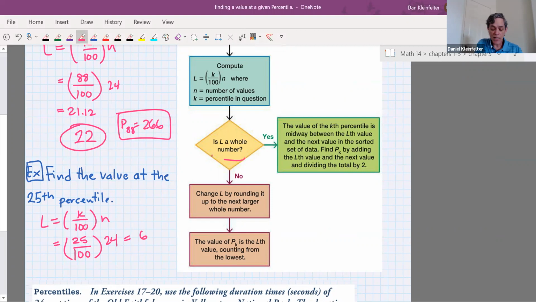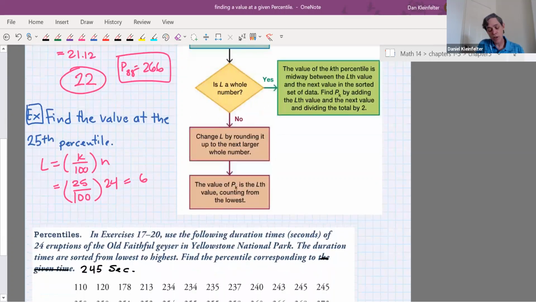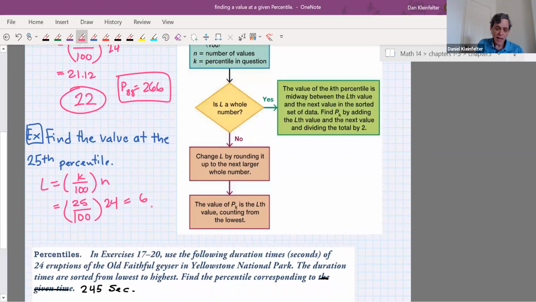Okay, back to our decision box. Is L a whole number? This time it is. So we're going to go across. Yes. The value of the kth percentile, 25th percentile here, is midway between the Lth value, that is 6 here, and the next one. Okay, so it came out a whole number this time, so it was 6.